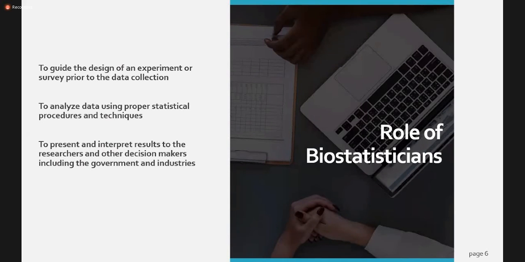So you need to convey your message, which is derived from your research, to the masses. And at that moment, a simple and easily understandable message is very important. And for that easily understandable simple message, the role of biostatistician is important.